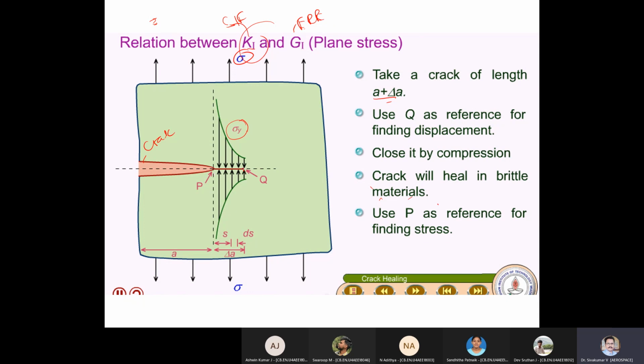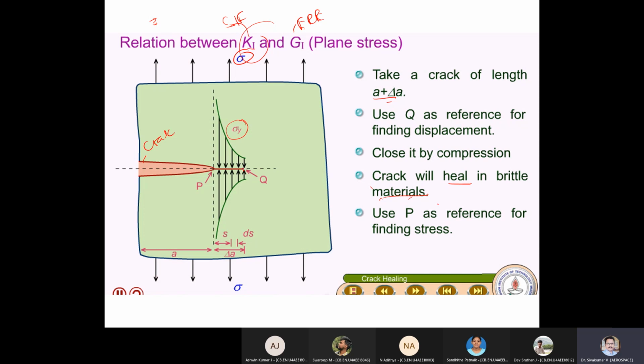If I give compression, this crack will close. So you have a tendency of healing in brittle materials. When you give additional compression in a brittle material, the created crack will heal. That is the beauty of the brittle nature of material.